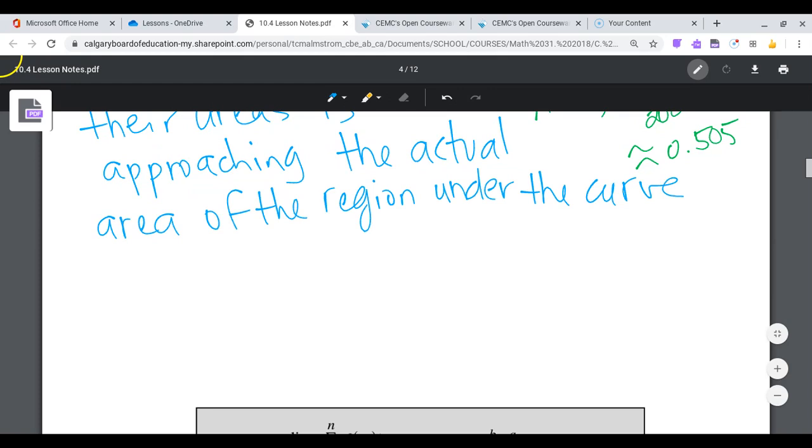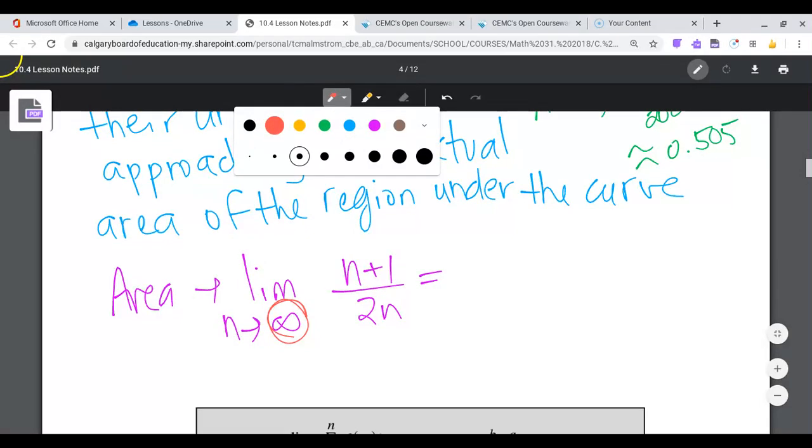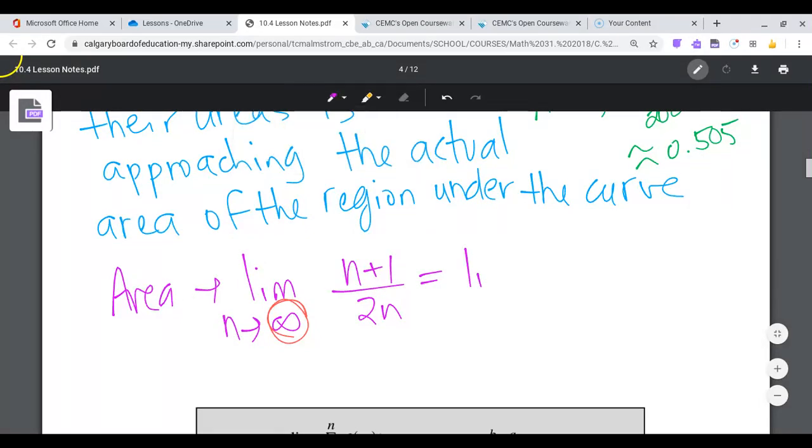So in our particular example here, the area will be the limit as n goes to infinity of our function that we just made to represent the area, which was (n+1)/(2n). And when we go to figure out this limit, we have to go back to chapter 1. And remember that if we're evaluating limits that go to infinity, we need to divide out by the highest exponent. In this case, we reduced it to an exponent of 1.